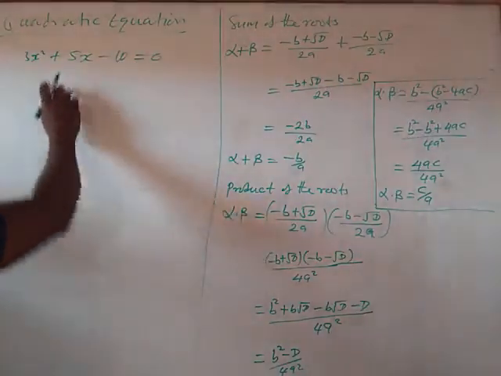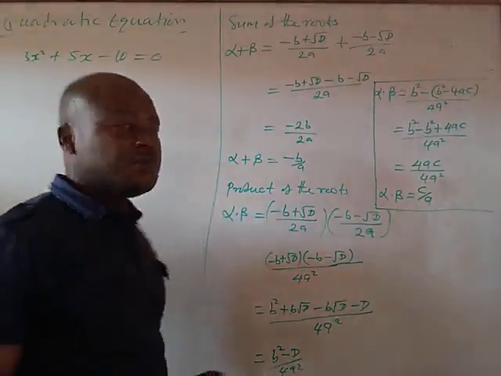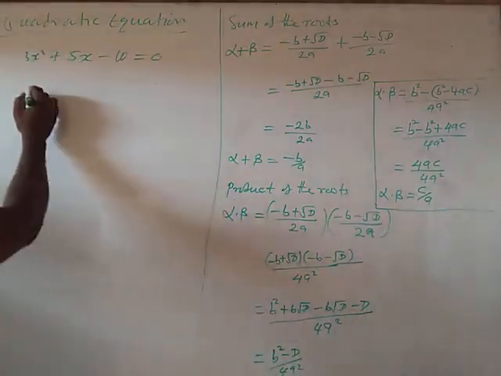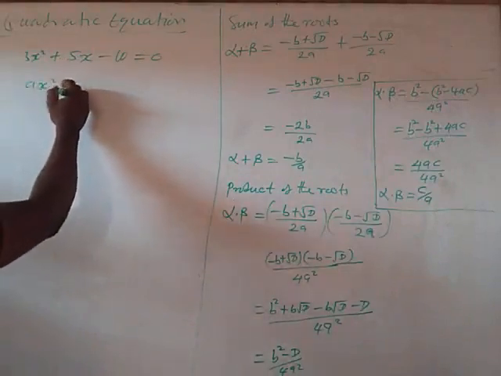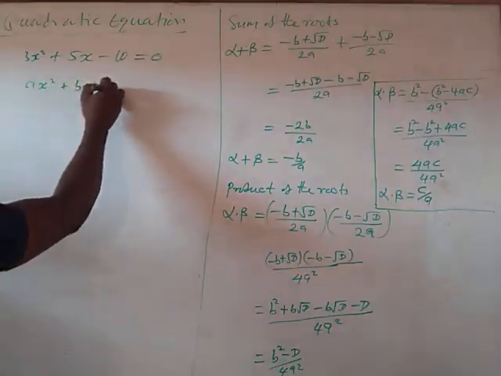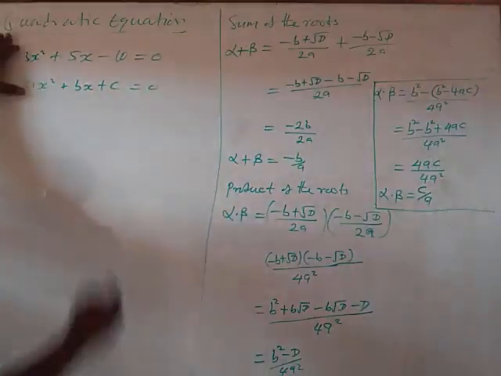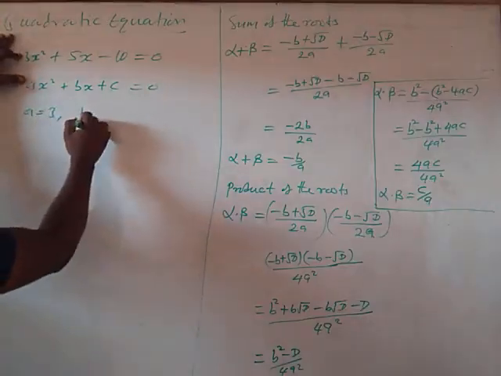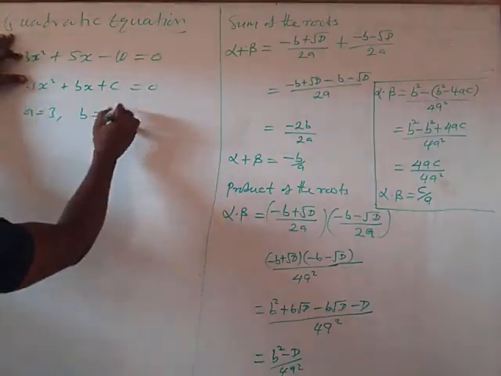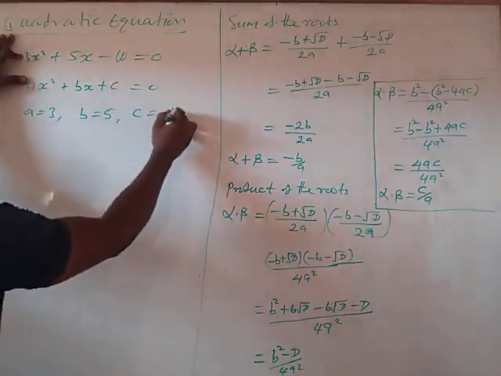Now, if we relate this one to the general form of quadratic equation, which is ax squared plus bx plus c equal to 0, we discover that our a is equal to 3, our b is equal to 5, and our c is equal to minus 10.